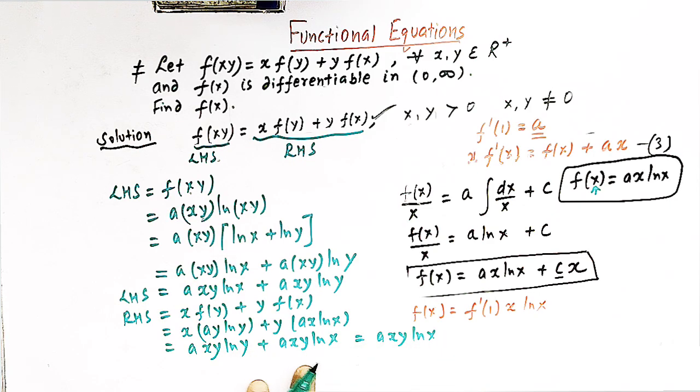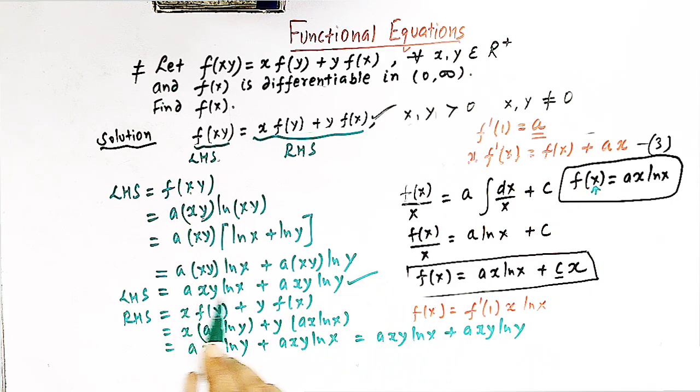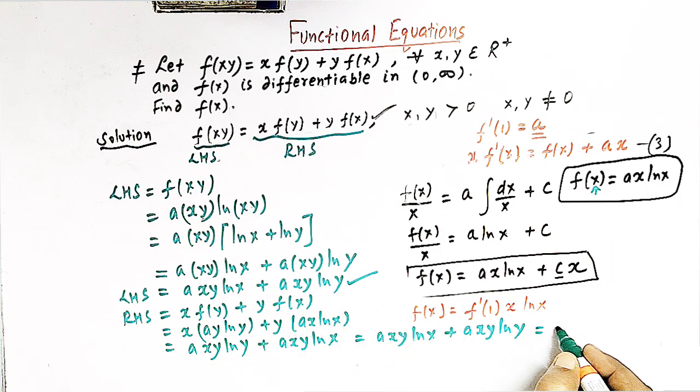So interchanging these two terms, first we write axy log x, then we have axy log y, which is the same as this one, right? So this is equal to the left hand side.